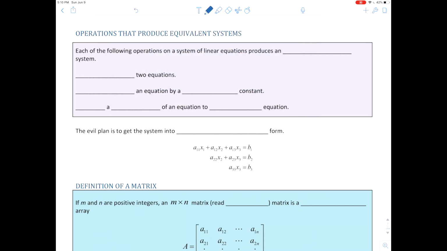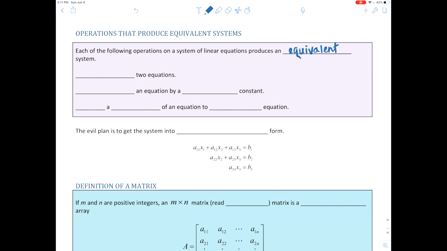Okay, so next up we have operations that produce equivalent systems. We've already practiced some of these, but let's get them all on paper so that we're all on the same page in case it's been a while since you've done these. Each of the following operations on a system of linear equations produces an equivalent system. This is what I was trying to stress when we were doing those warm-up problems.